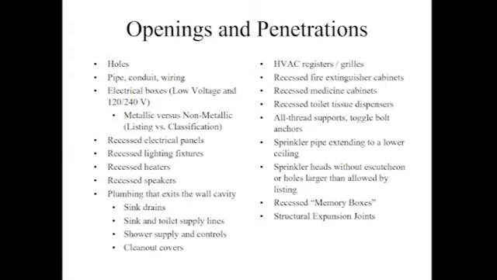TenMat also makes a product, a fire rated cover for light fixtures in a 1 hour roof ceiling assembly. They make them for 1 hour floor ceiling assemblies as well. They're gray or black in color.